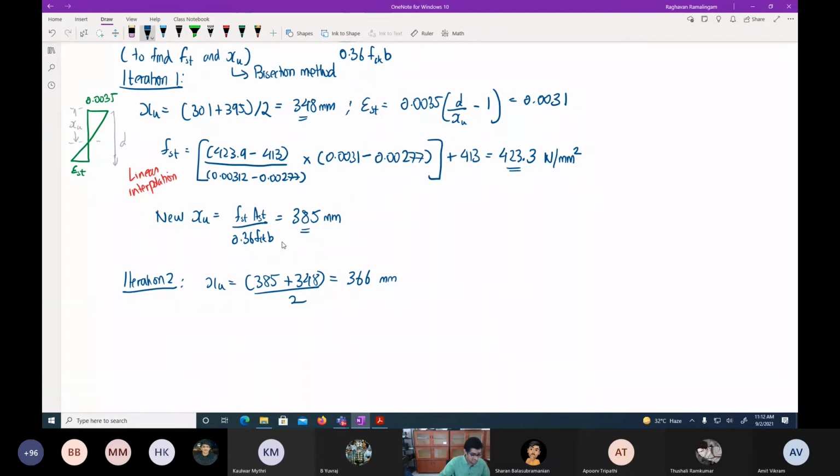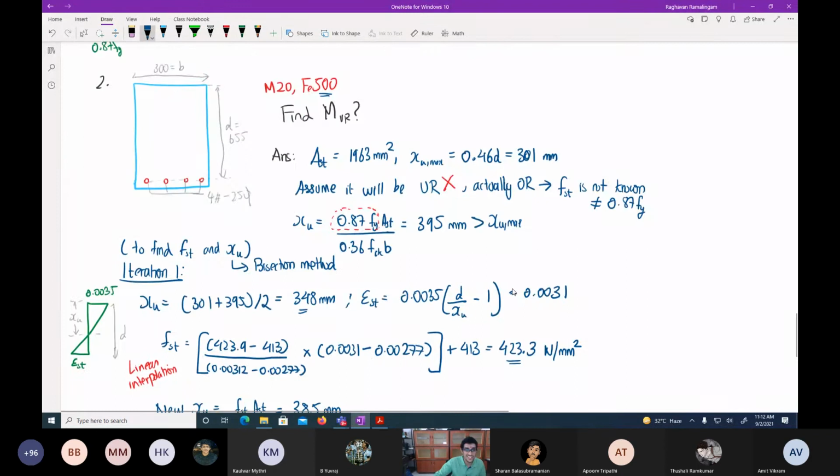And then the same thing follows again. So epsilon st again you will find. This d is 655 I think. What is d?